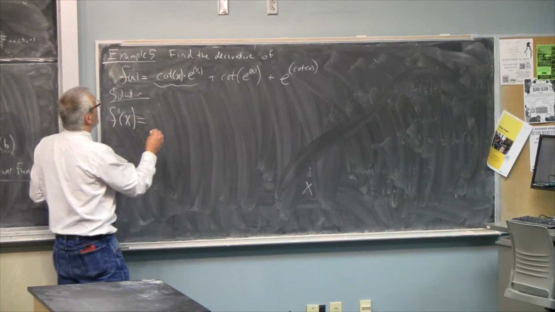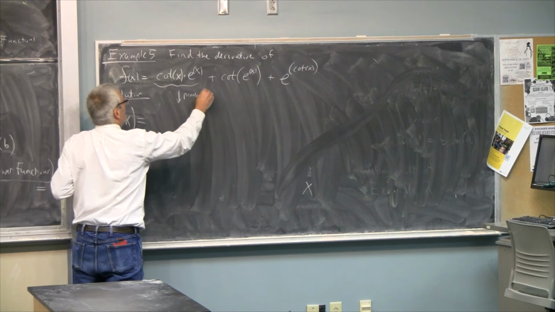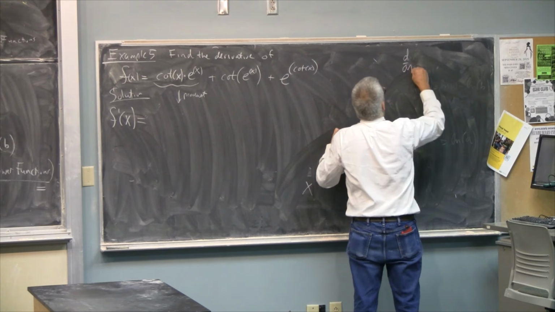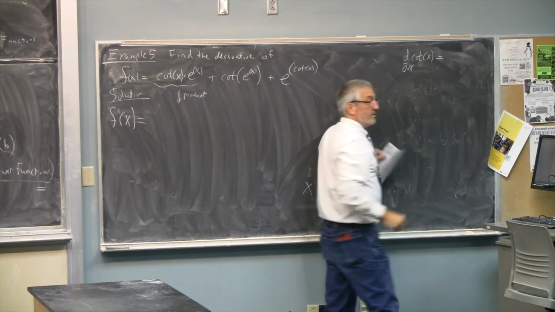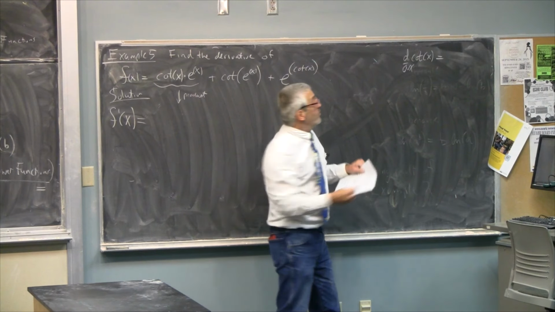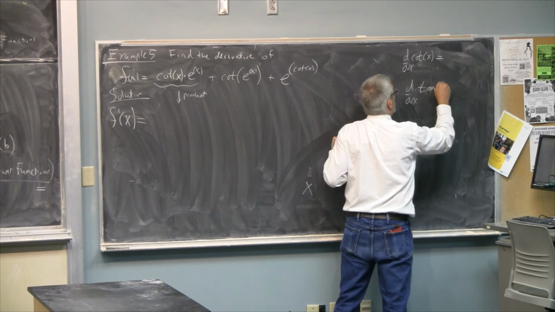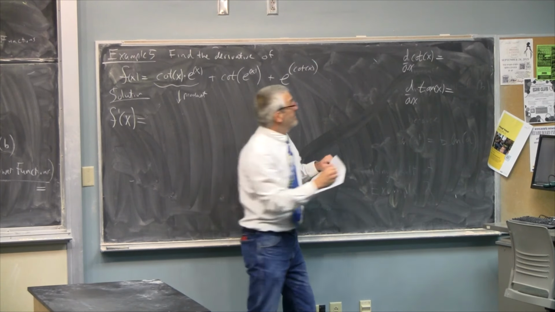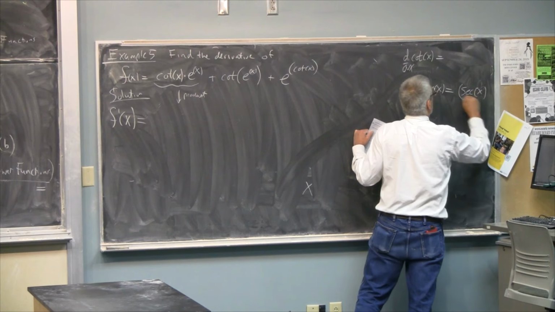So I'm going to have... So remember the derivative. What's the derivative of cotangent of x? Let's do the easier one. What's the derivative of tangent of x? Secant squared of x. So I'm going to write secant of x squared.